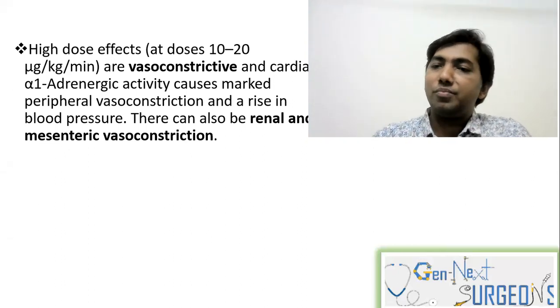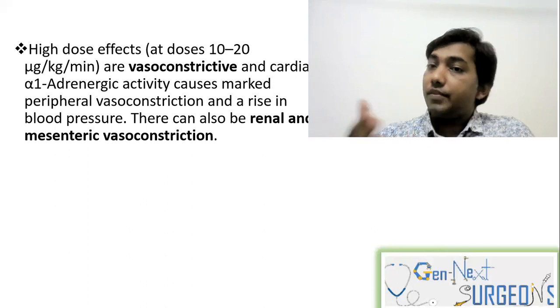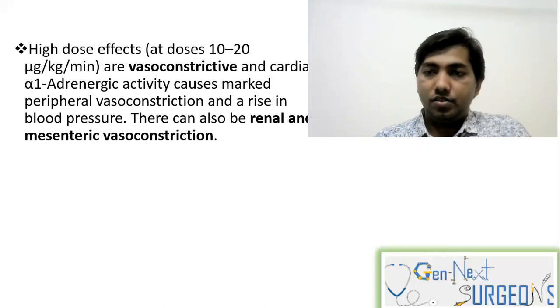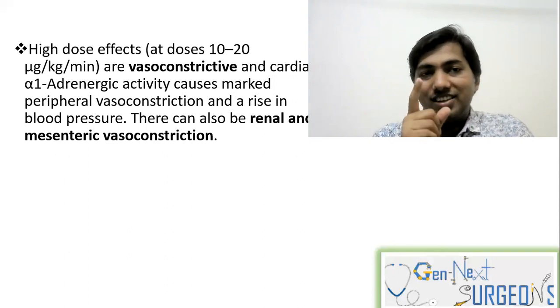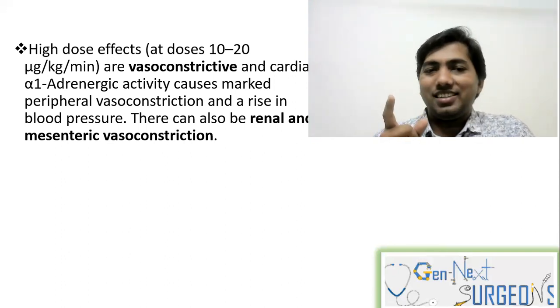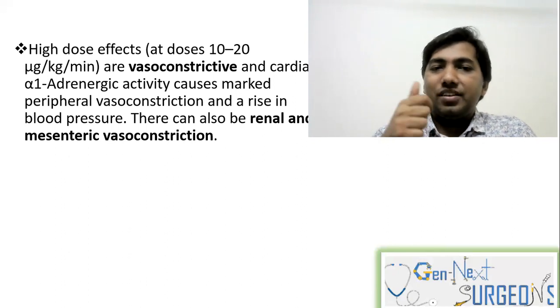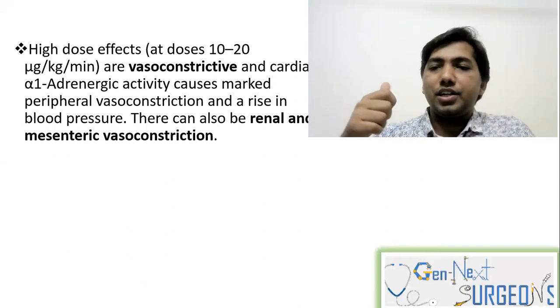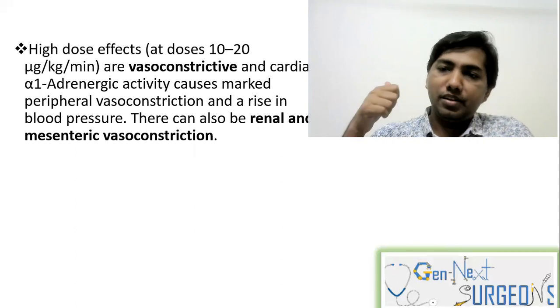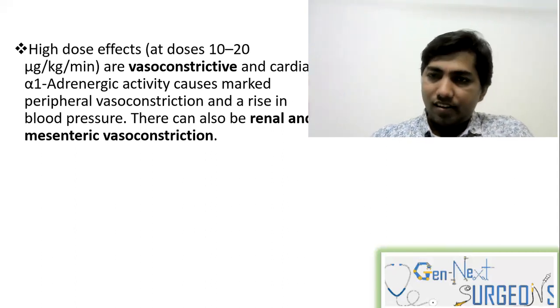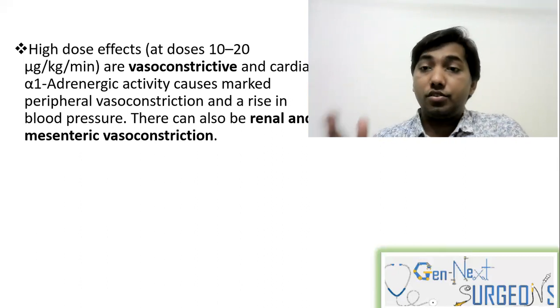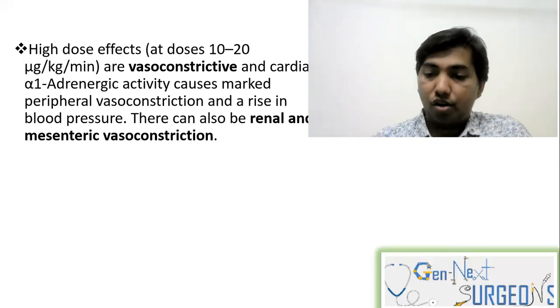The patient may develop oliguria, and mesenteric ischemia may also occur. So that should be curtailed. It should not be that I am giving noradrenaline, the patient is not responding to noradrenaline, but I keep giving noradrenaline for days and days. That will deteriorate the patient. So that should be curtailed or stopped.